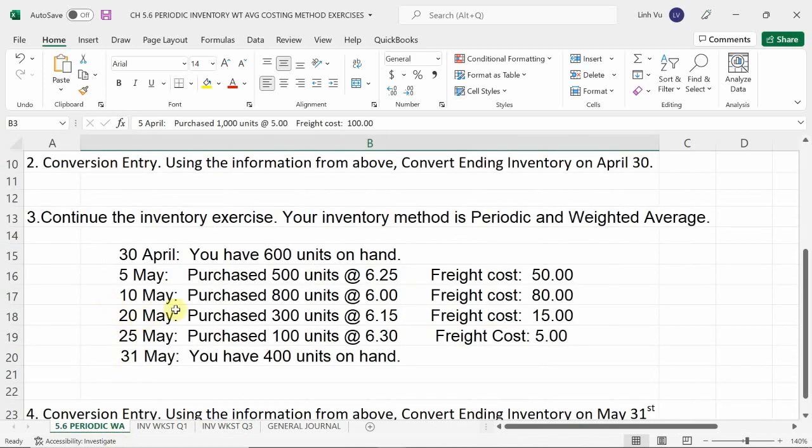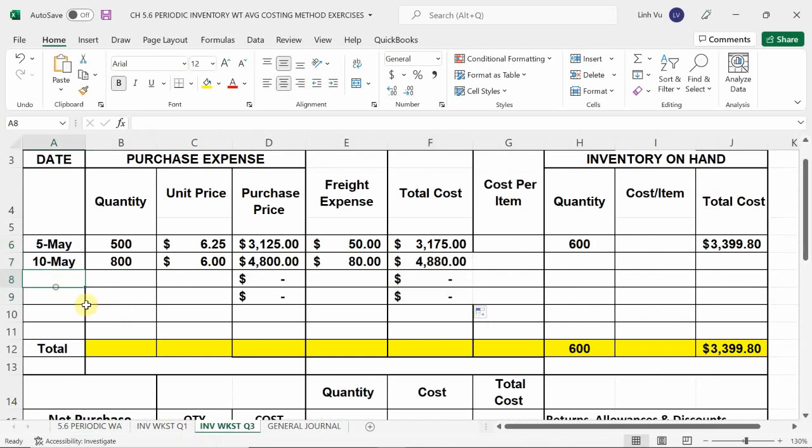So next situation for May 20th is if we purchase 300 units at $6.15 with a freight of $15, right? So 300 at $6.15 is going to give us the $18.45 plus 15 gives us the $18.60.